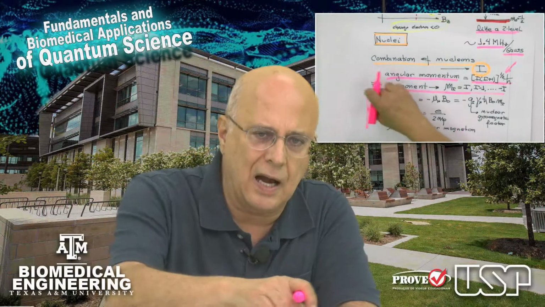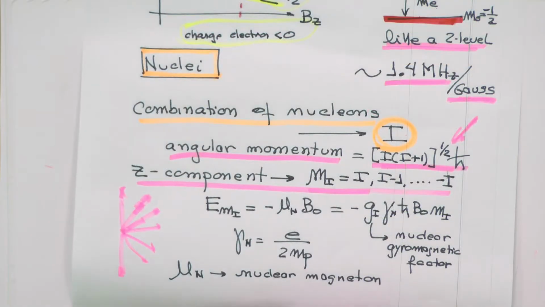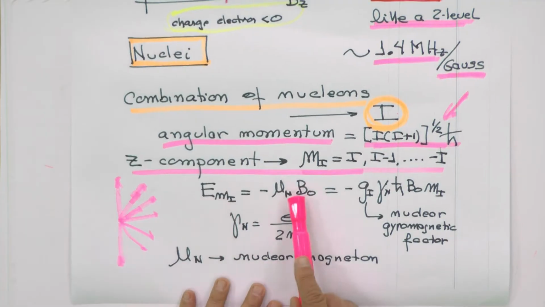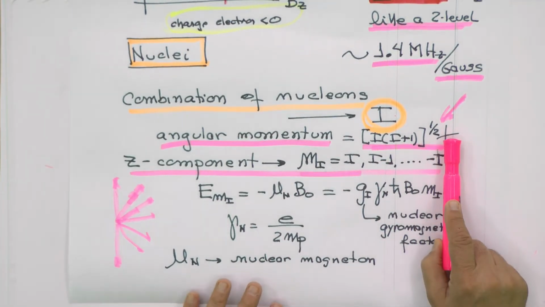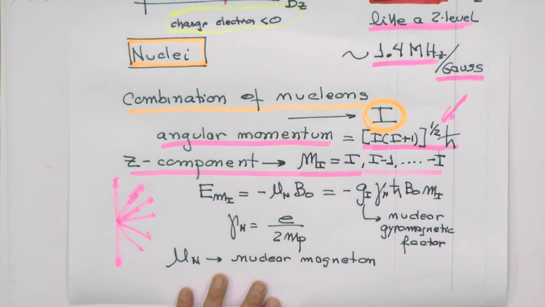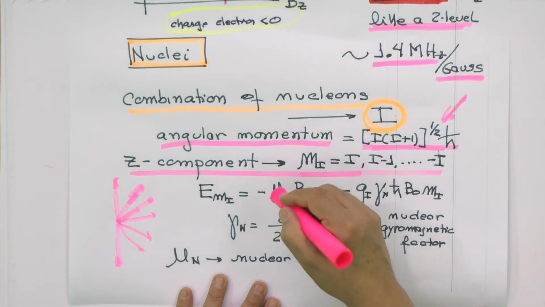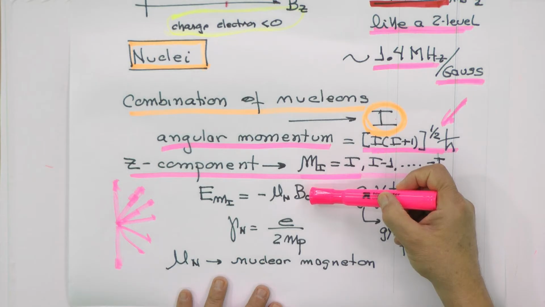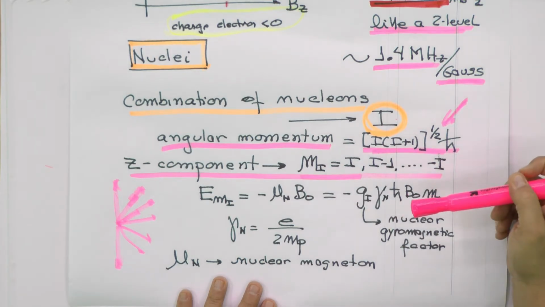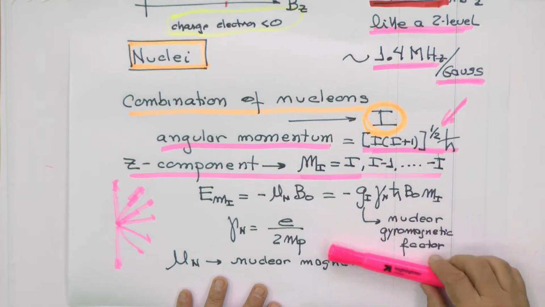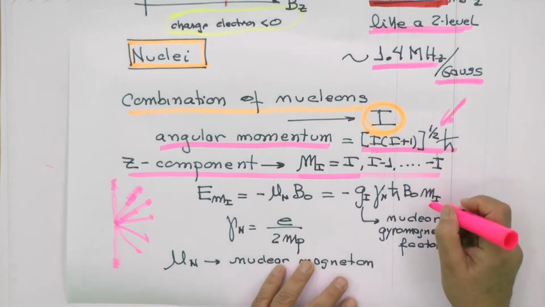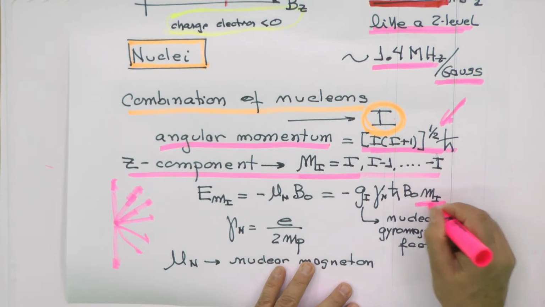It can be either of those values, the projection. And again, there is an energy associated, because having an angular momentum, there is also a nuclear magnetic moment that will interact with a B field, and then we will split. But now I have many components to split. That will open up in many components.